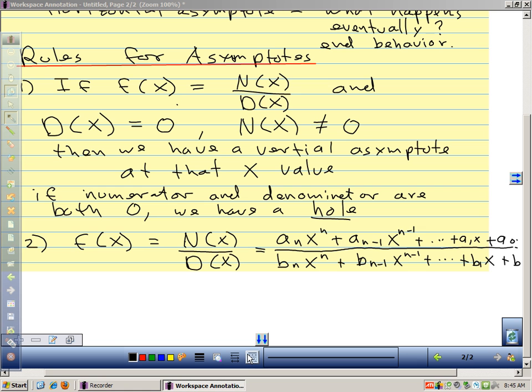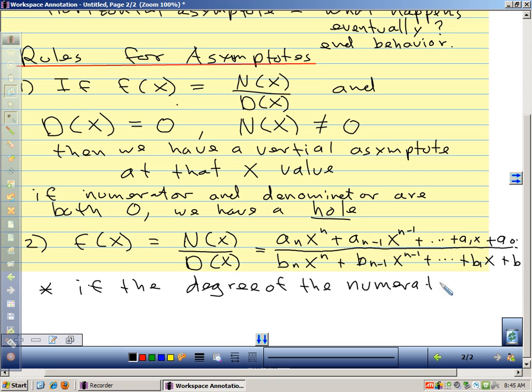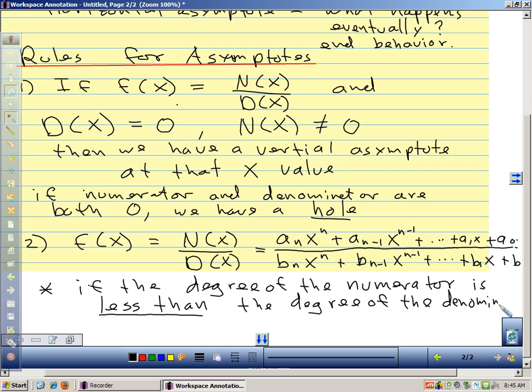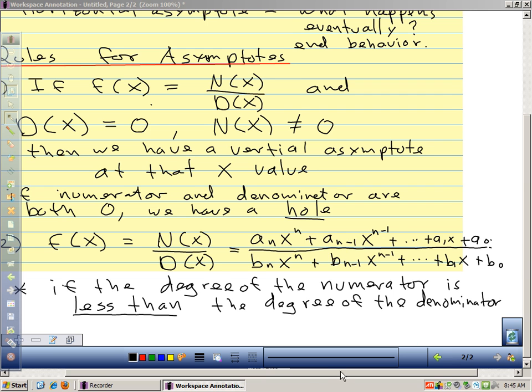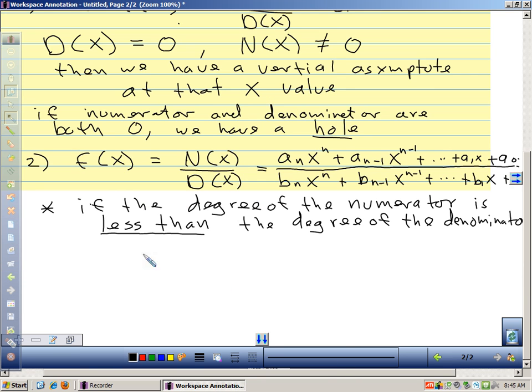If the degree of the numerator is less than the degree of the denominator, y equals 0 is a horizontal asymptote.